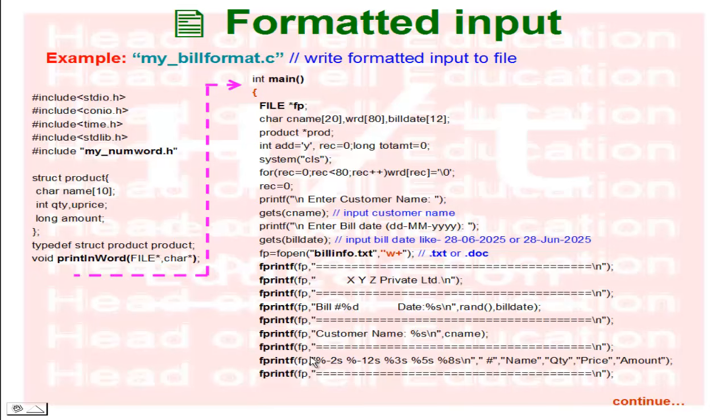The hash is the number, column size is 2, maybe meaning total number of items is 99. Now price is 8. Now amount I am setting to 8 column width. So these numbers are all related to column width. Now fprintf again draws the line in the file.